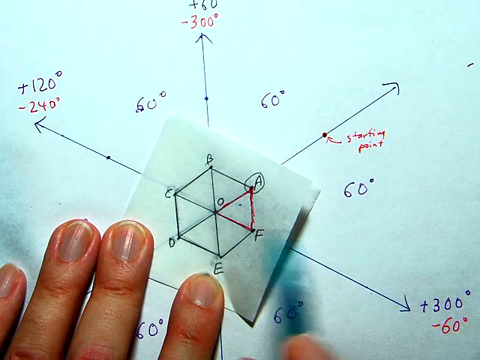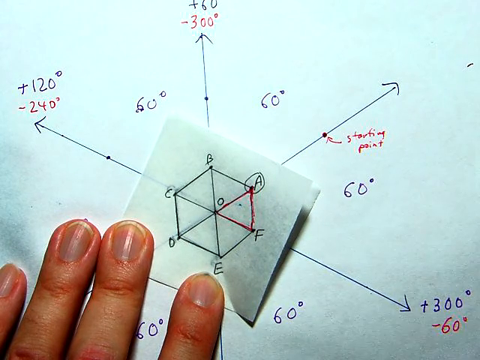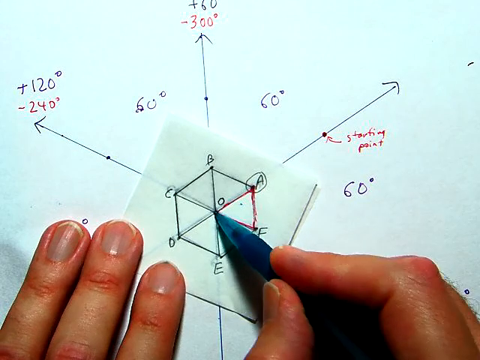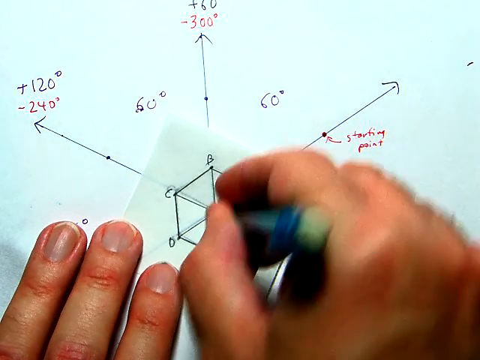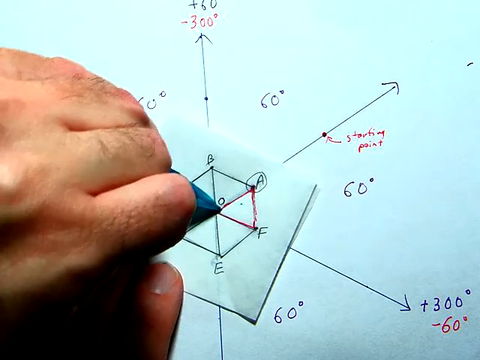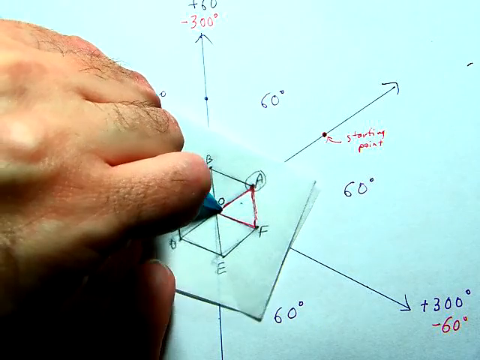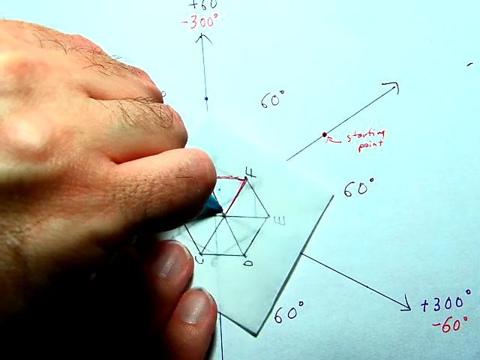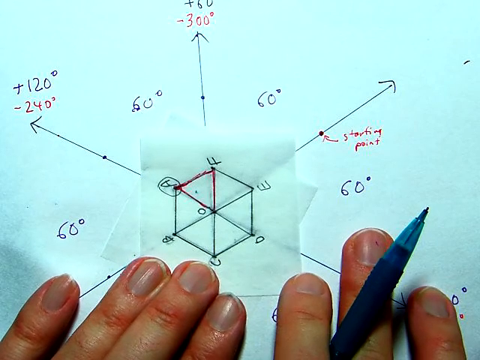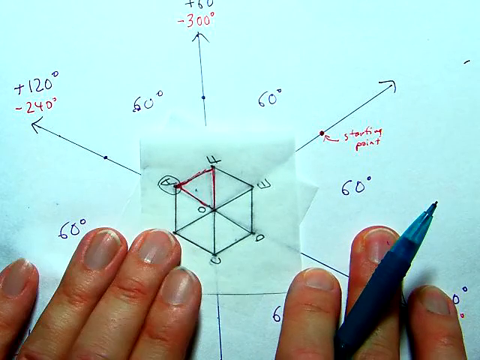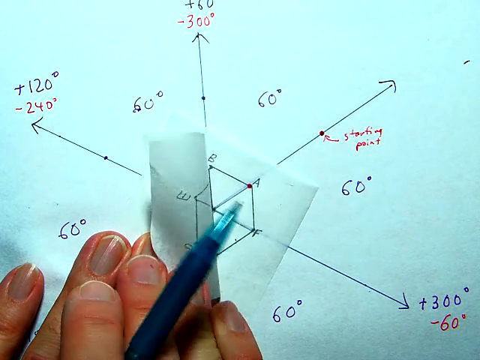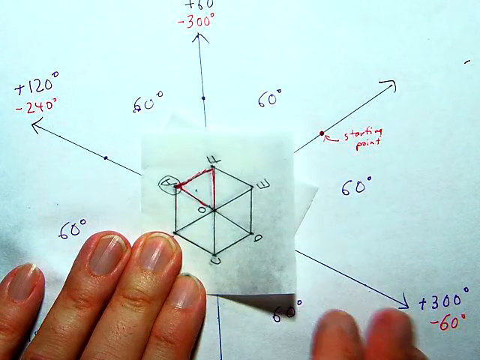So let's see what it takes to map D into F. So we've got to move D from here over to here. Okay, that would map D into F. I kind of slid it down a little bit, but that's the idea. Now we've mapped D into F.